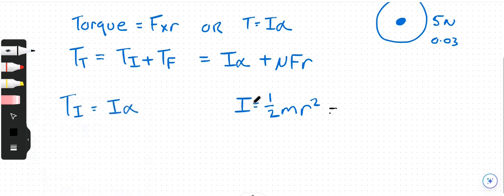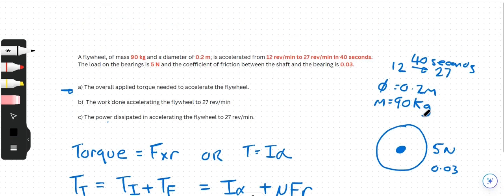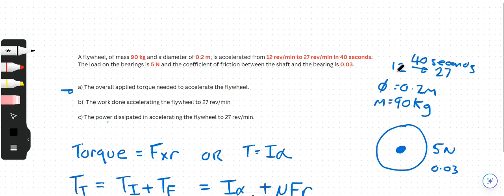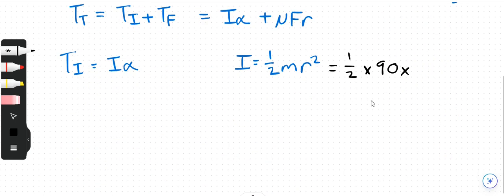So it's half times 90 kilograms, and the radius is half the diameter, so the radius is 0.1, and we use 0.1 squared.